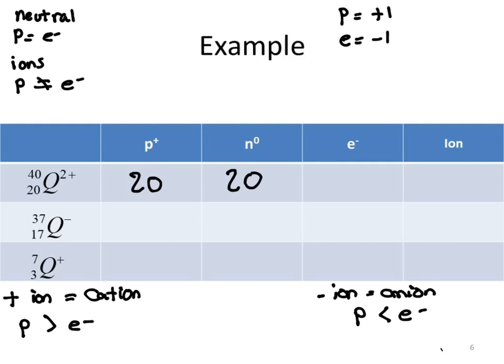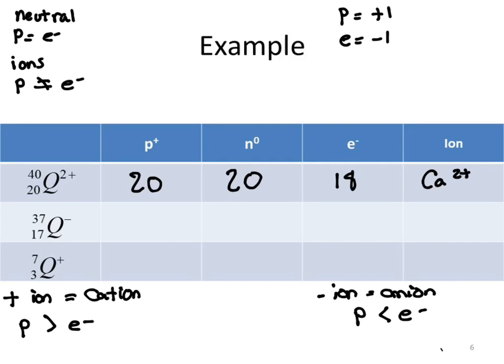So I'm going to have 18 electrons, because 20 protons and 18 electrons means I have 2 more protons than I do electrons. So this ion, I'm going to look on the periodic table, okay? Element with atomic number of 20 is calcium, and it is a +2 ion.